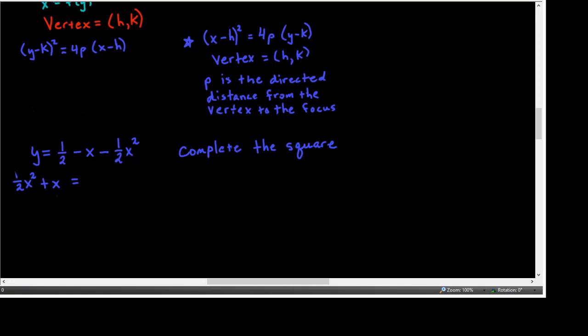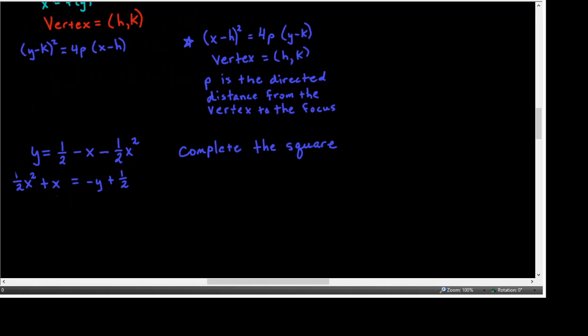So that means I'm going to have to add x to both sides to have all the x things on that side. And then I'm going to have to subtract y from both sides to move it over to the other side. And the 1/2 that's already there is positive.